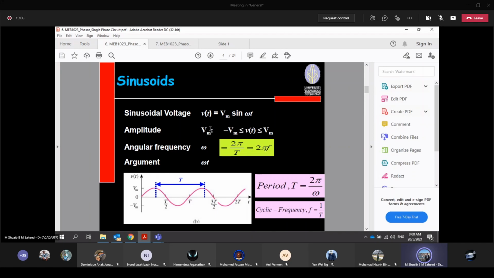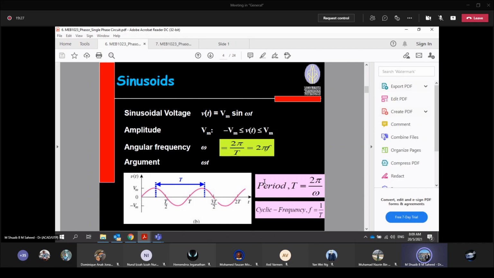This amplitude will range from negative Vm to positive Vm.